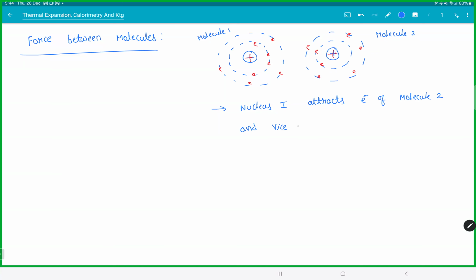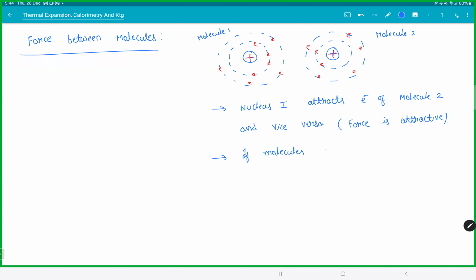So there is actually a slight attractive force. Force is attractive in nature. In chemistry, you studied this as van der Waals forces. Next, if you push the molecules a little closer, attraction will still increase.